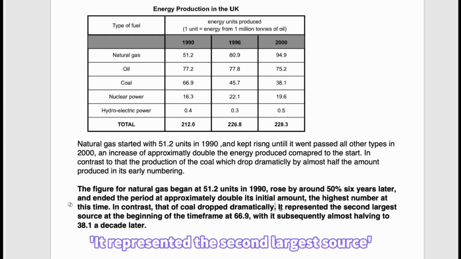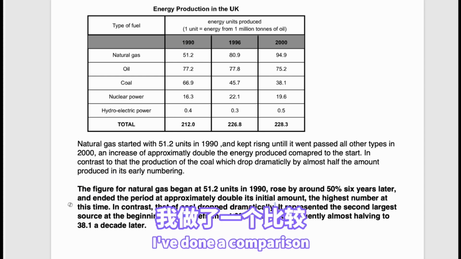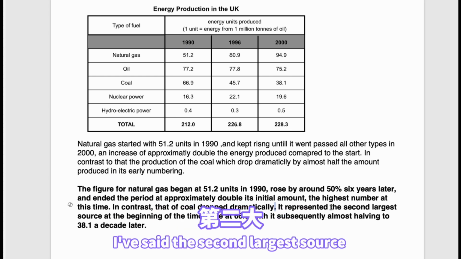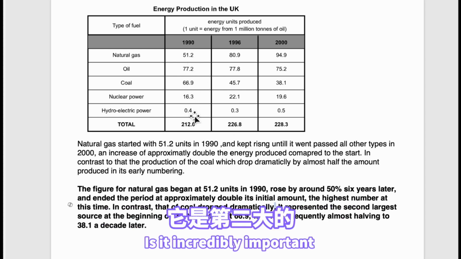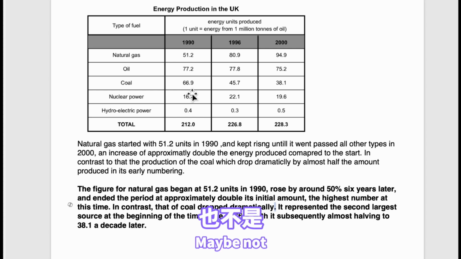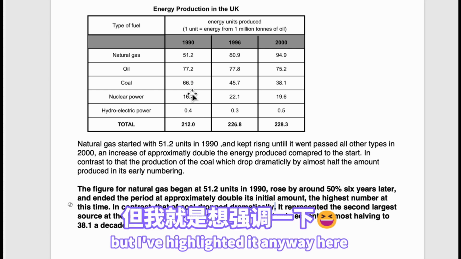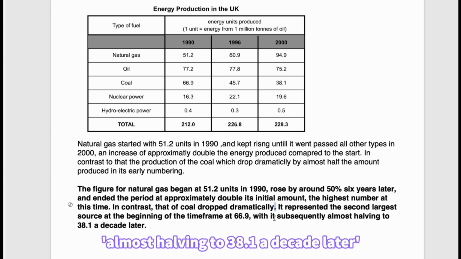It represented the second largest source at the beginning of the time frame at 66.9. So you can see here I've done a comparison. I've said the second largest source. I've compared this number to all the other numbers in the column. Is it incredibly important that this is the second largest? Maybe not, but I've highlighted it anyway here, with it subsequently almost halving to 38.1 a decade later.